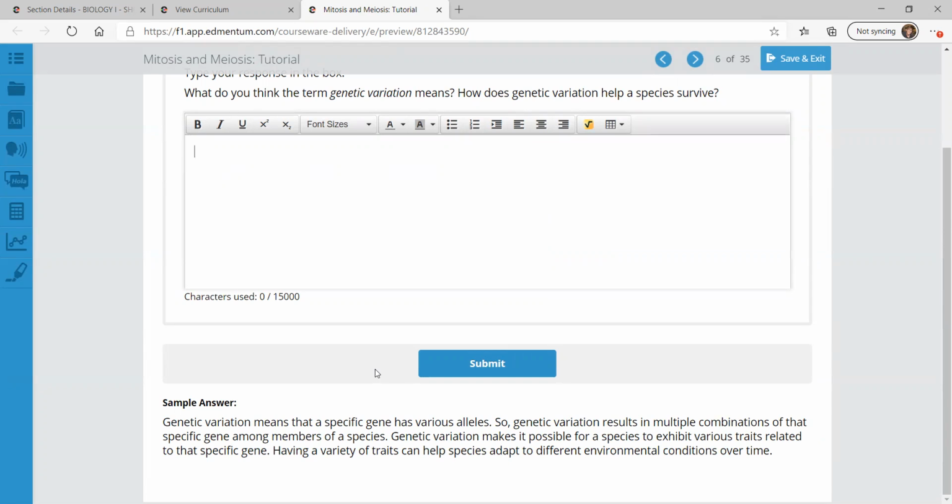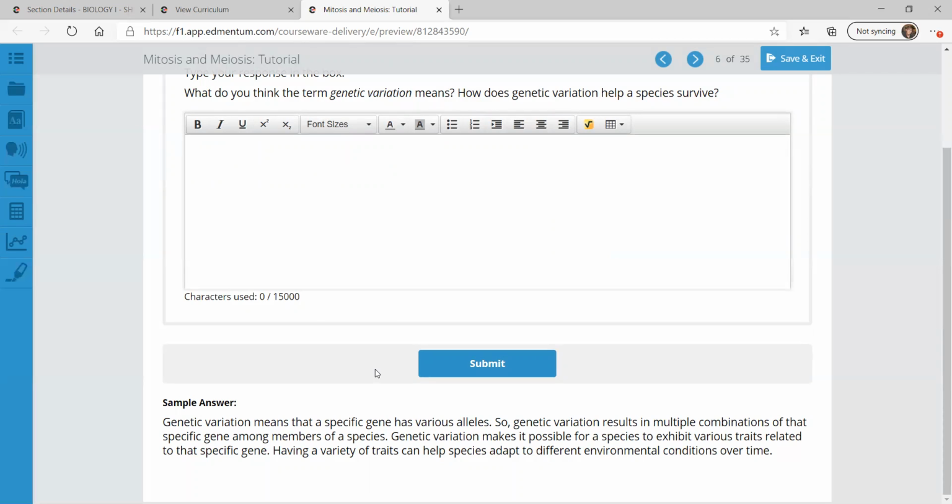So the genetic variation results in multiple combinations of the specific gene among members of a species. And this variation makes it possible for a species to exhibit various traits related to that specific gene. Having a variety of traits can help species adapt to different environmental conditions over time.